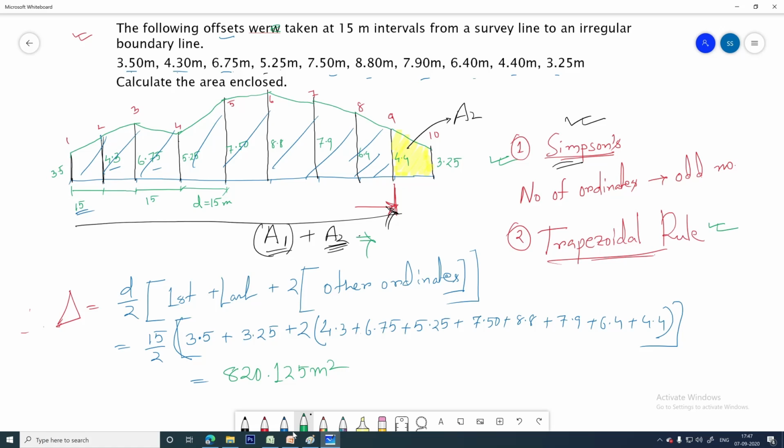If you apply that, the value that you get is 813.38 meter square. This is the result if you use that particular technique. So I have given the answer, you just try it yourself and let me know. If you can't do that, I will definitely solve this. Okay. Thank you.